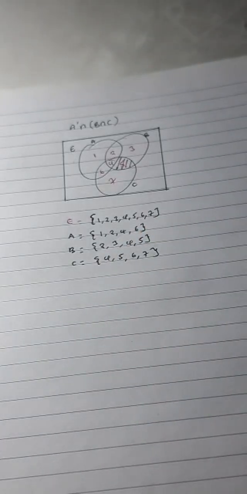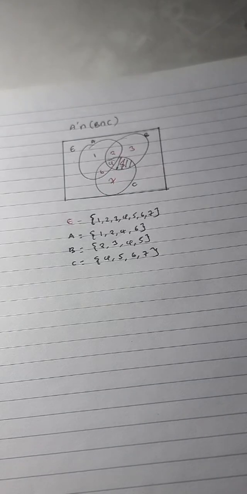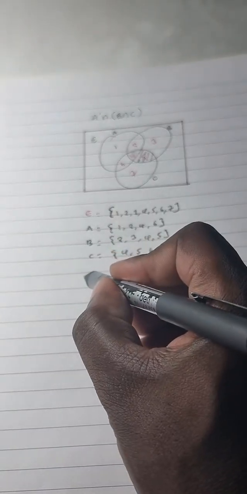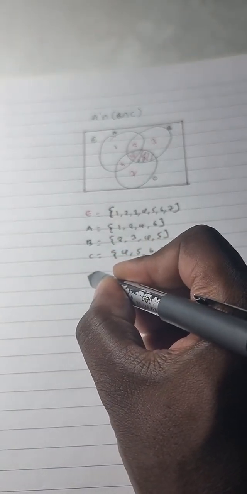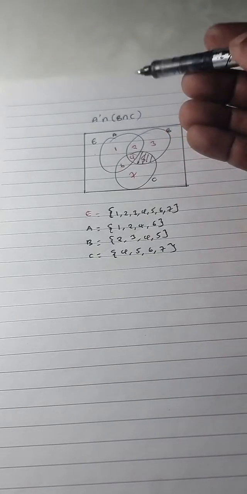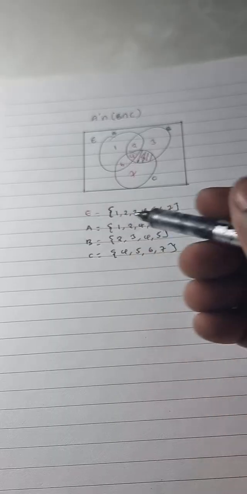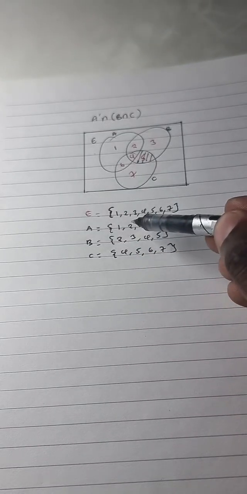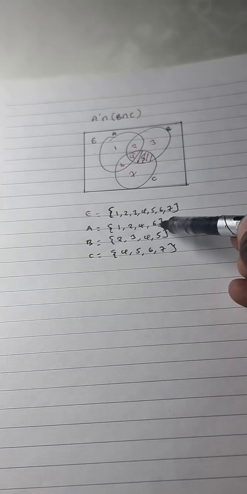So set A has been excluded. It has a complement, right? In other words, it means those which are not in A, intersect B intersect C. So first, let's take note of those which are not in A. In A we have 1, 2, 4, 6.